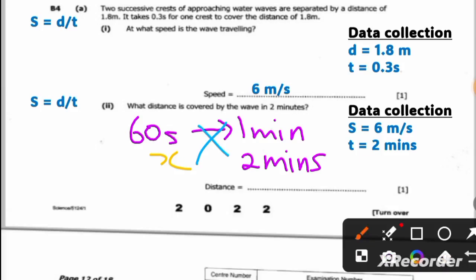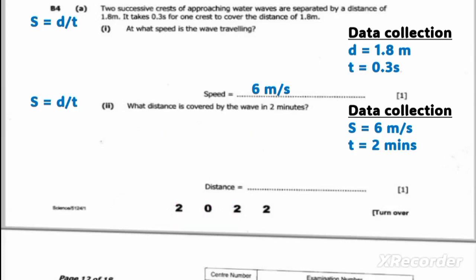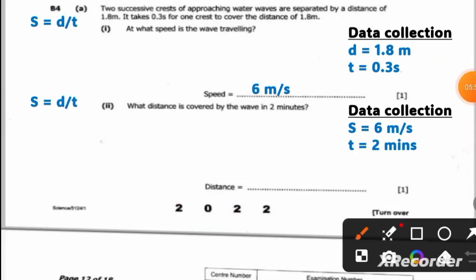We are going to say x times 1 is equal to x. 60 times 2 is equal to 120 seconds. So we have successfully managed to convert the time. Now let us find the distance.